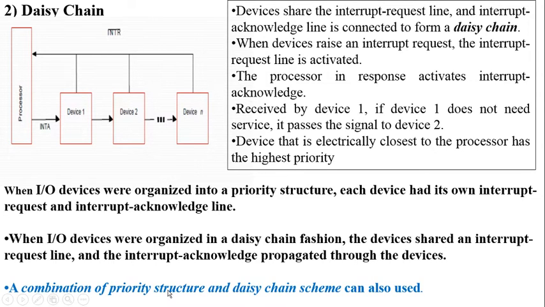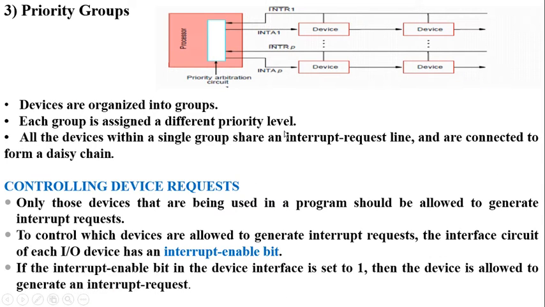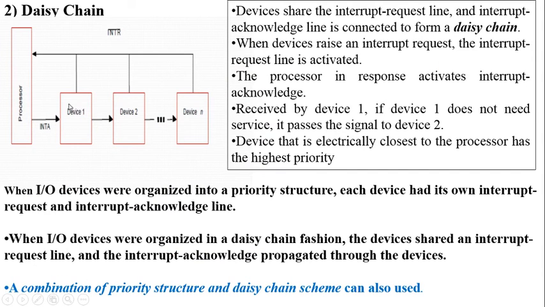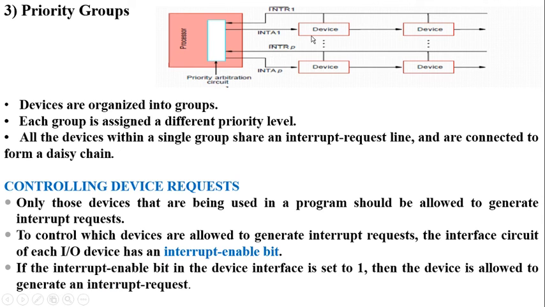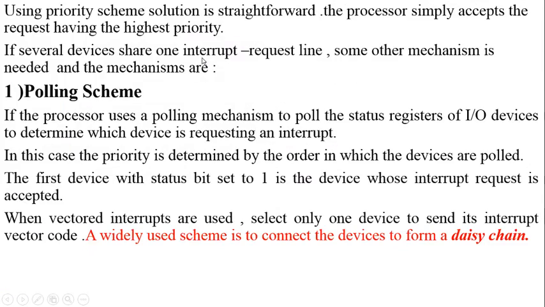We have a combination of the priority structure and daisy chain mechanism as given here. Here we have different priority groups. Each of these groups is implemented using the daisy chain mechanism, and the different groups form a priority structure.